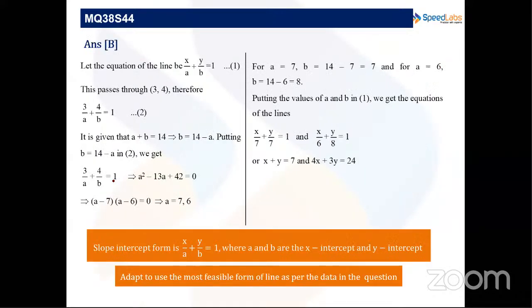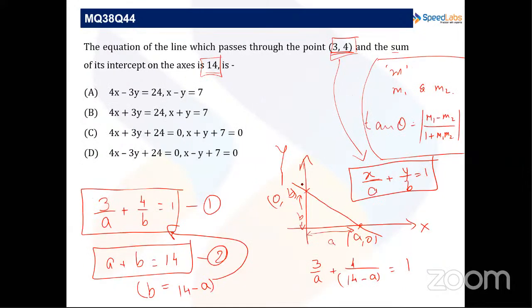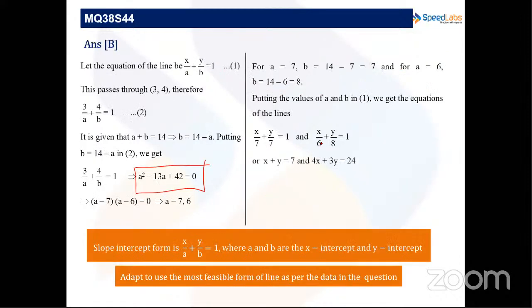So when you solve these equations, you will get a quadratic equation in a. When you take the LCM, it will be 3 into 14 minus a plus 4a equals to a into 14 minus a. Now we can easily solve this equation, and on solving we will get a quadratic equation in a.